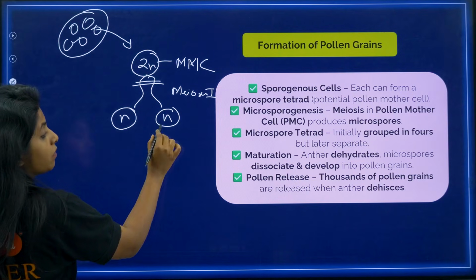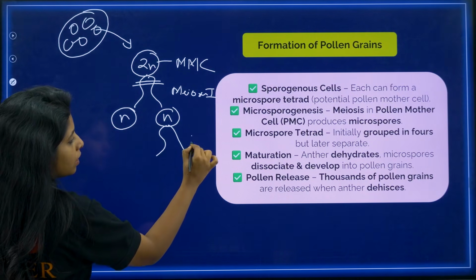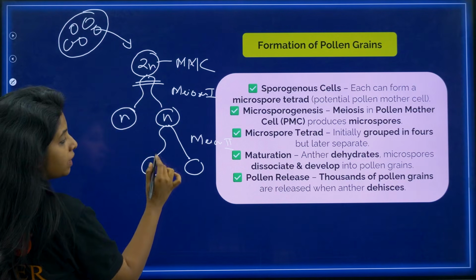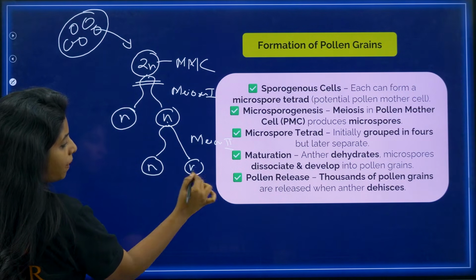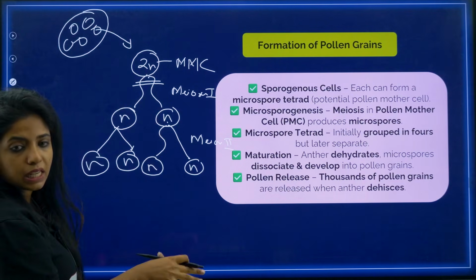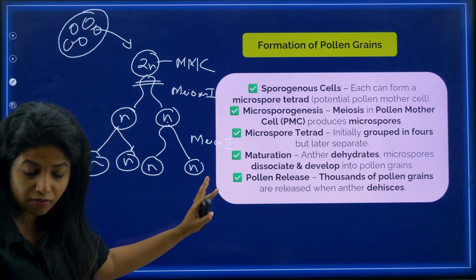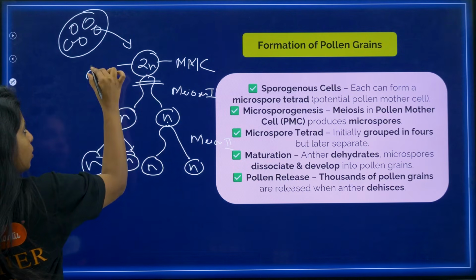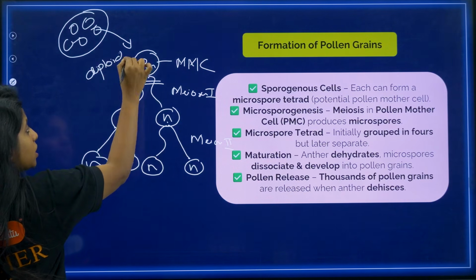Again, there will be meiosis 2. In meiosis 2, it will divide again, but there won't be any halving. Whatever is there will be passed down. So meiosis happens like this, where one cell divides into 4 separate cells, my dear children. The microspore mother cell was diploid.